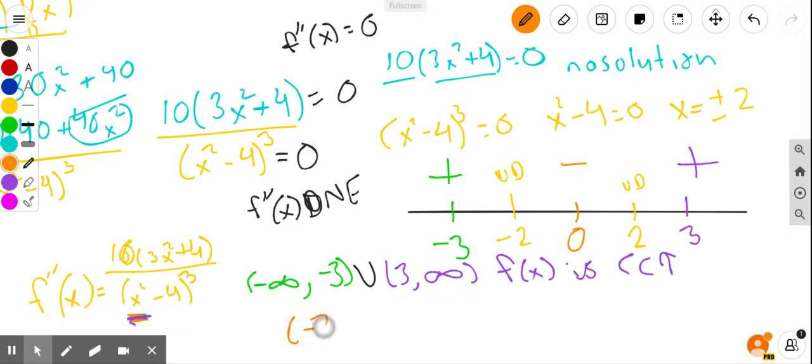And between negative 3 and positive 3, f of x is concave down.